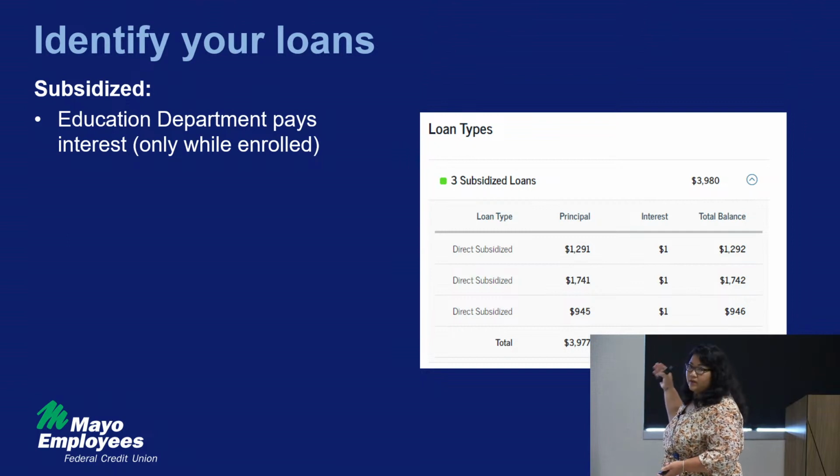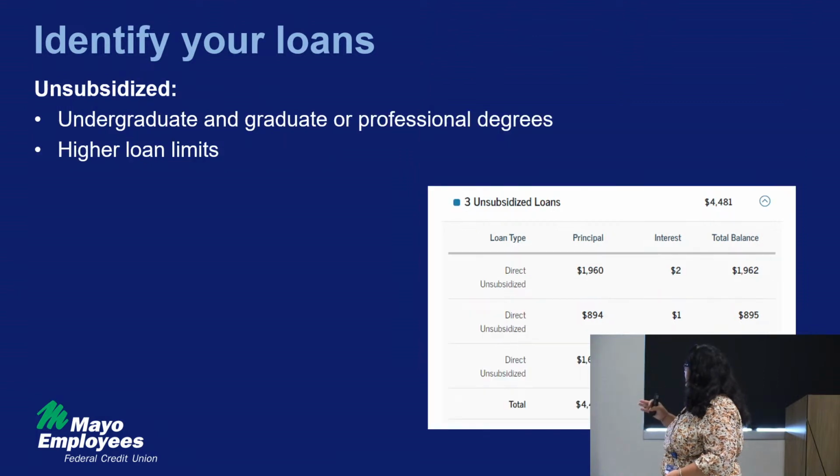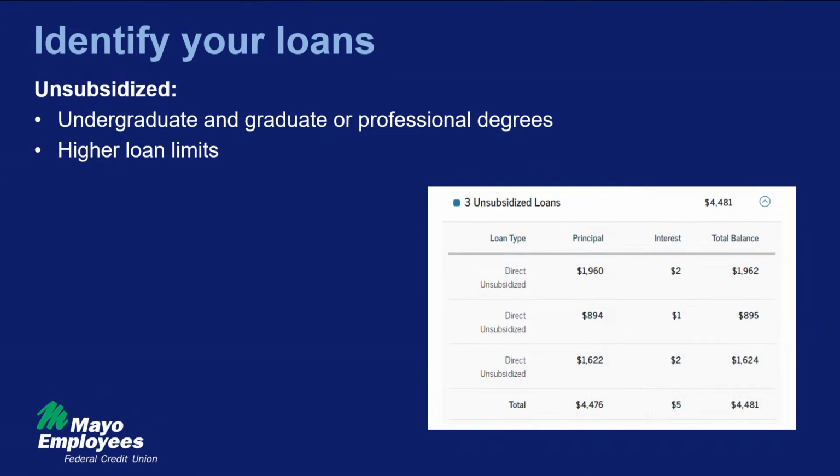The interest is very, very little on it, and by the time you graduate, the balance is going to be pretty much about the same as the loan amount was. If you have unsubsidized, that's undergraduate and graduate or professional degrees, you have higher loan limits. So this is what the loan example might look like here.